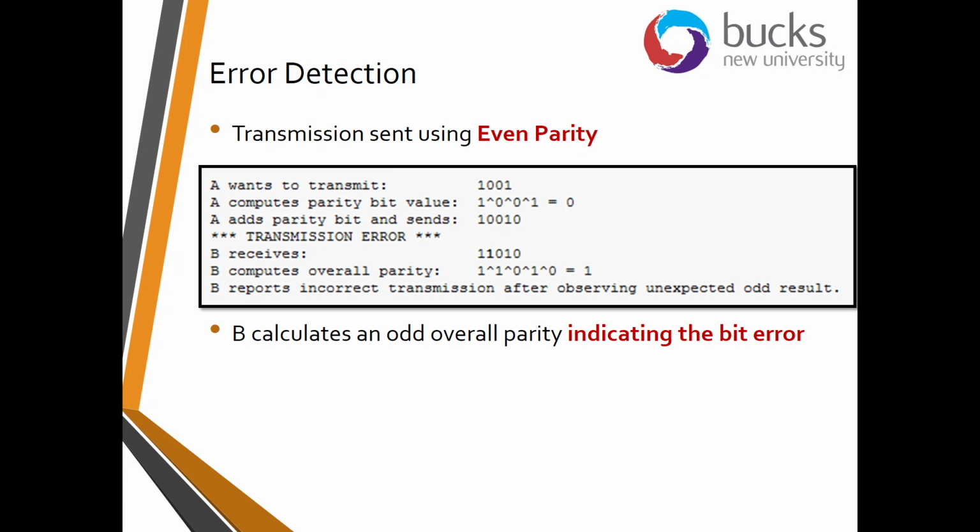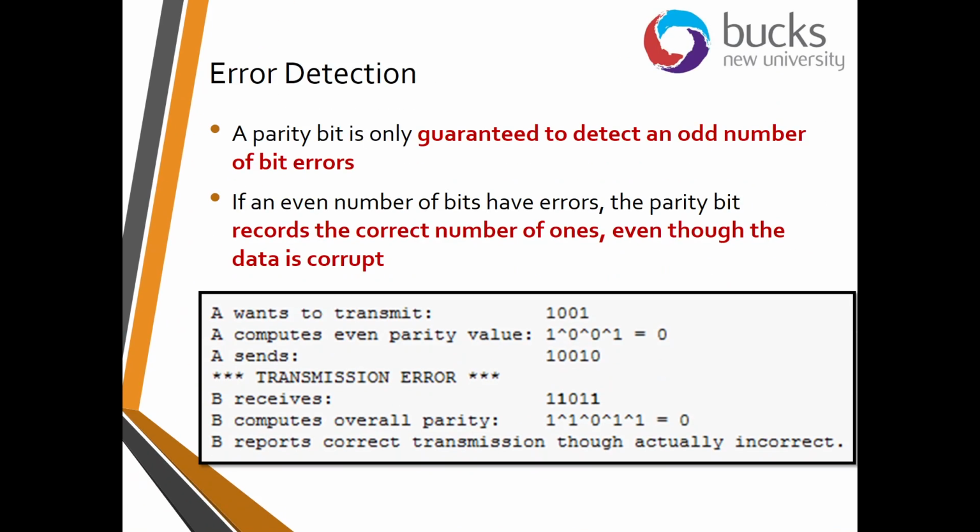Now it's flipped one of the bits, so bit 3 has flipped from 0 to 1, and when it's computed using an even parity system, we get a 1 as a parity output, which means it's an odd result. We're expecting an even result using our even parity set. We know we've got a problem here, which indicates that we've got an error, so that'd have to be retransmitted.